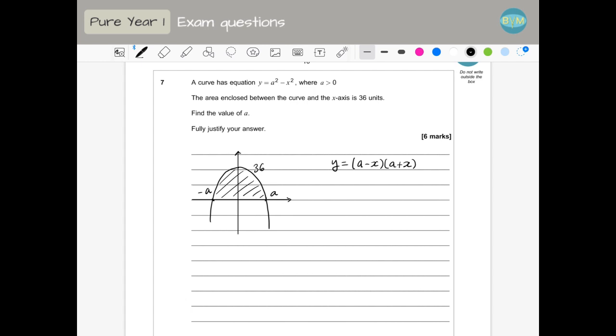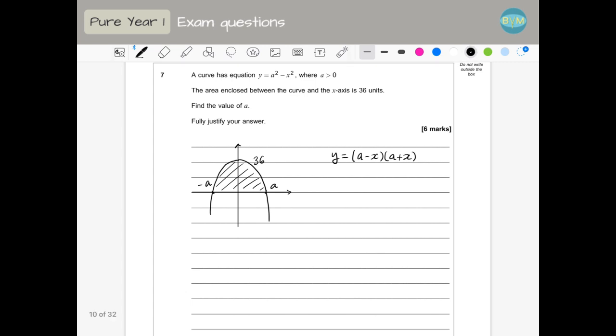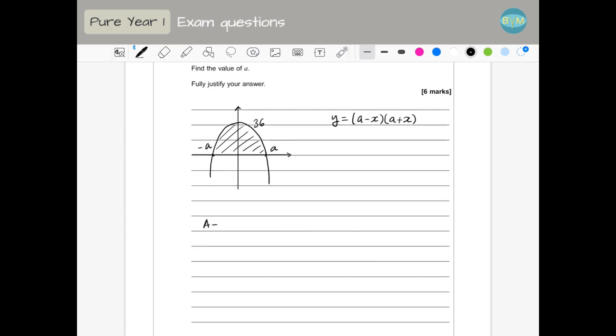Seeing the sketch, we can see clearly that this area is going to be the integral of the function between minus a and a. So the area, which is 36, is going to be the integral between minus a and a of a squared minus x squared dx.